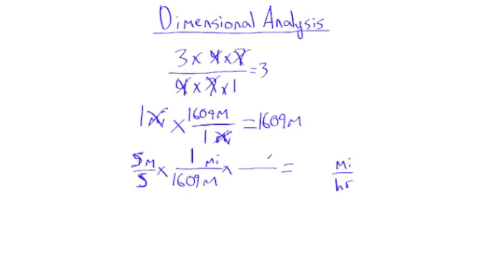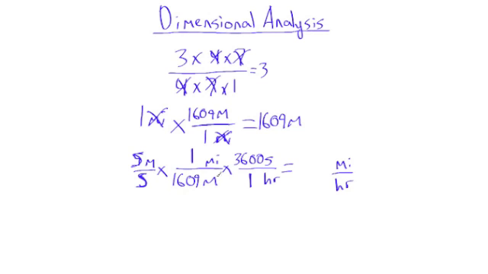So I need seconds on top because I want that to go away. And on the bottom here, I want hours because I want to have hours on the bottom. If you do the math, you'll find there's 3,600 seconds per 1 hour. So I can check this to make sure that when I multiply all this together, I'll get the right answer, assuming that these numbers are right.